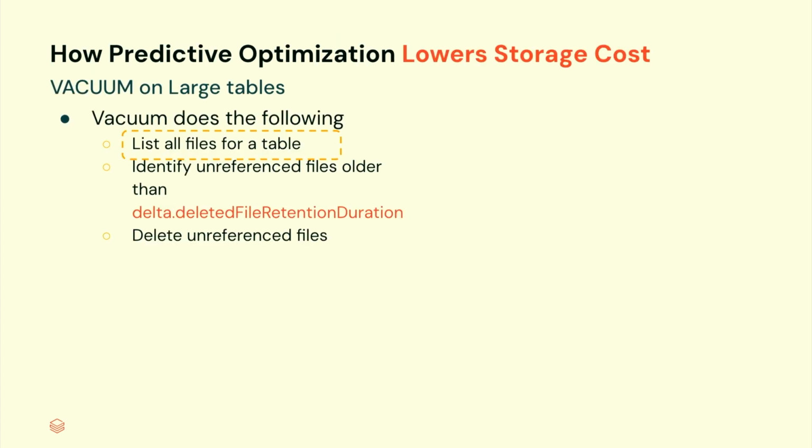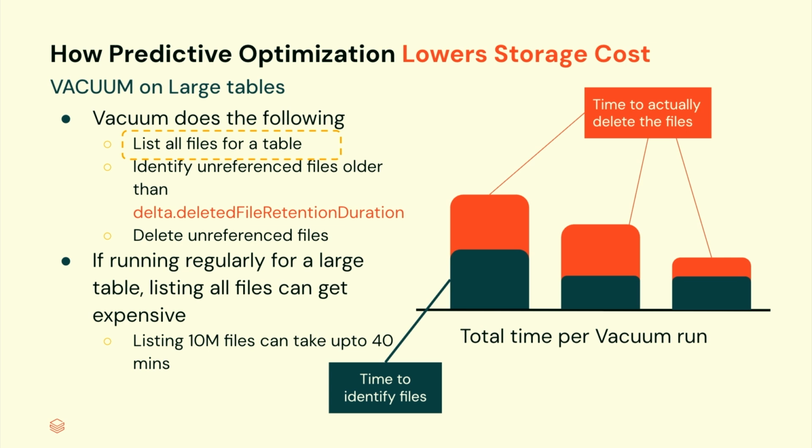Okay, going back to how vacuum works. I simply said it lists all the files for the table all the time. That surely has to get expensive at some point, right? So I tried this. I tried our table with 10 million files now, and I ran vacuum on it. It took about 50 minutes.